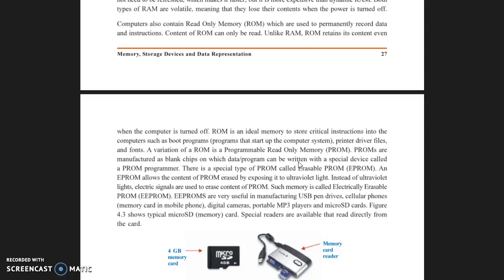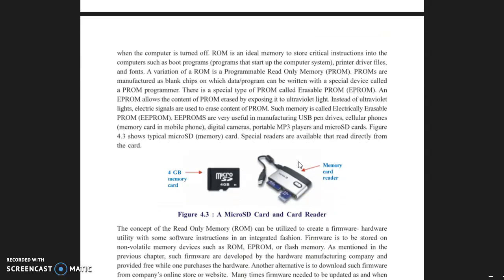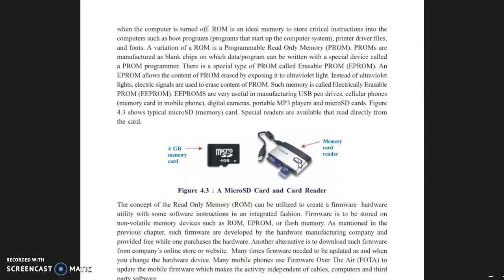Instead of ultraviolet light, electric signals can be used to erase the content of the PROM. Such memory is called electrically erasable PROM, EEPROM. EEPROMs are very useful in manufacturing USB pen drives, cellular phones, digital cameras, portable MP3 players and micro SD cards. See, a 4 GB memory card.